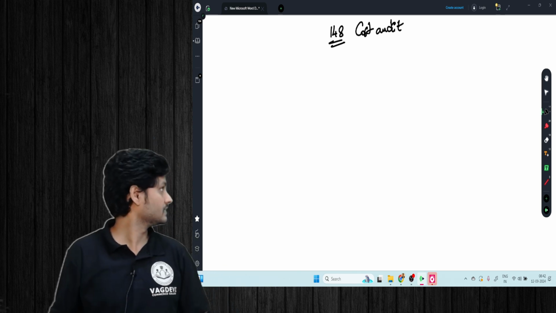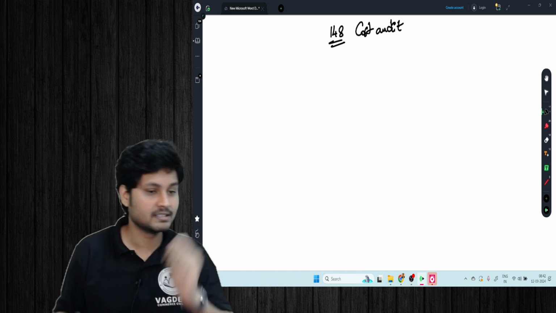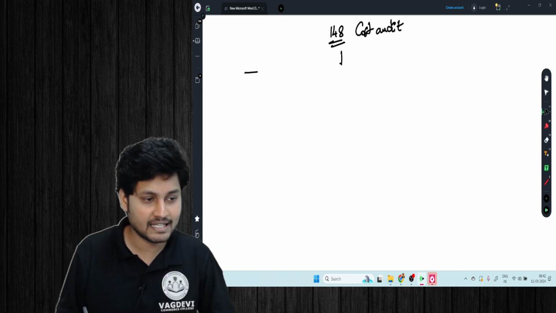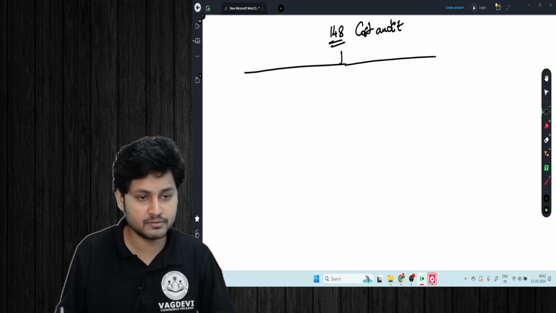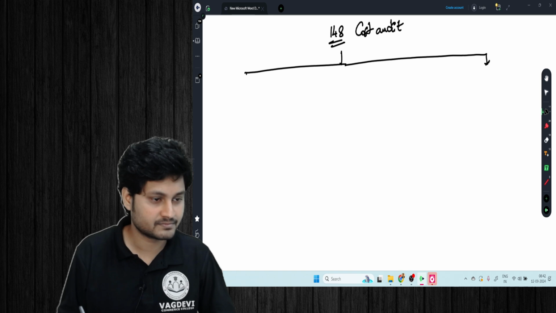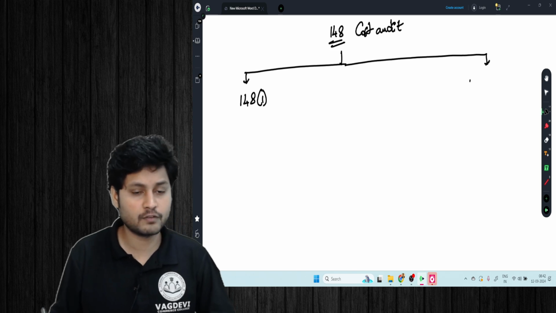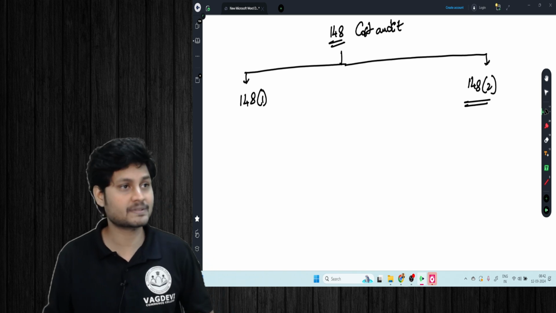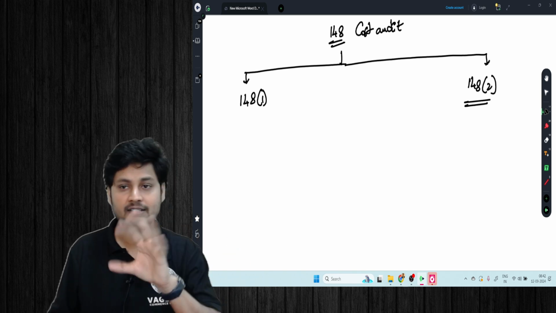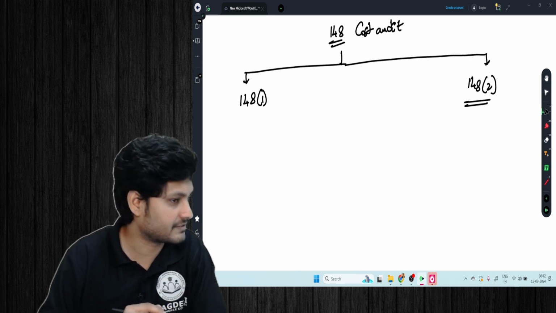Section 148 I am dividing into two parts: 148 subsection 1 and 148 subsection 2. Later we'll discuss subsection 2. For the time being, we'll write the details of subsection 1 itself.